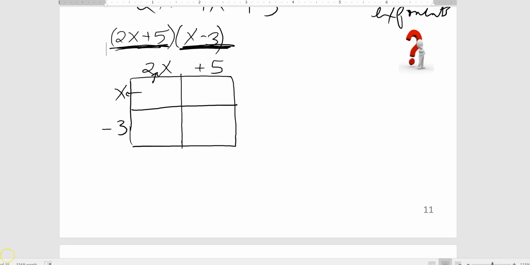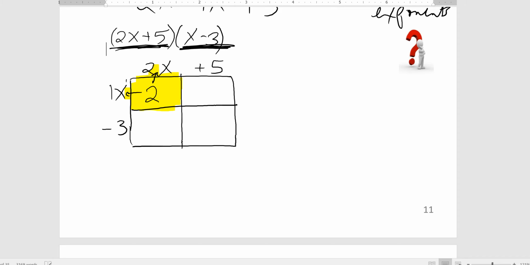minus 3. So to fill in each of these squares, let's say for this one, we look above and to the left and take the product. So for a product, again, you multiply numbers. 2 times 1 is 2. For powers of the same base, you keep the base, the x, and you add the exponents.